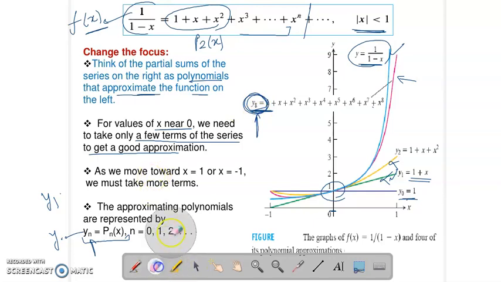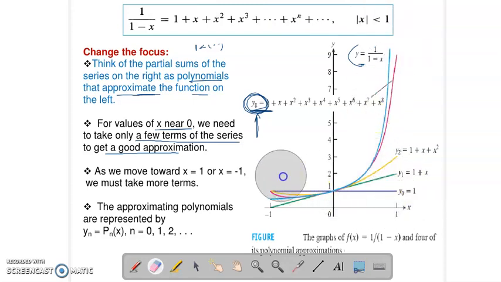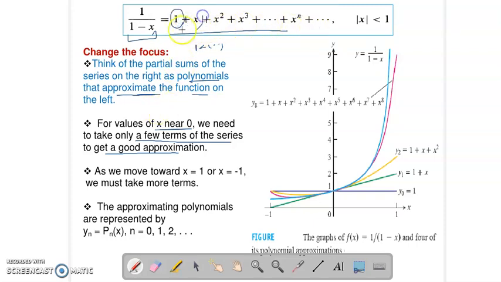Okay, so far what we have discussed, we have said that now we are approximating this function with polynomials that are basically the partial sums of this series. So 0th degree polynomial, then first degree polynomial, then second degree polynomial, we are taking more number of terms, or we are just increasing the degree of the polynomial, and we see that as you take more number of terms, you will get a better approximation.